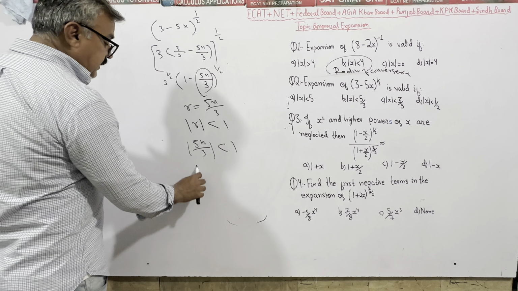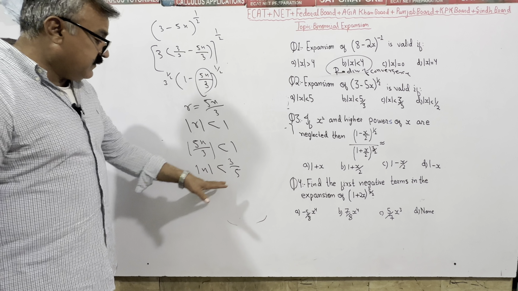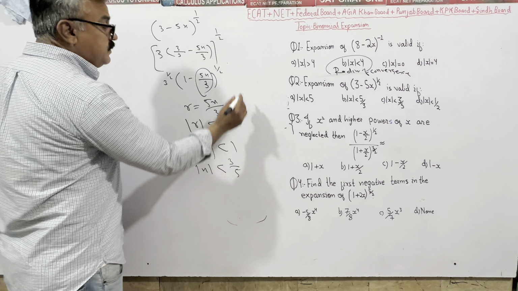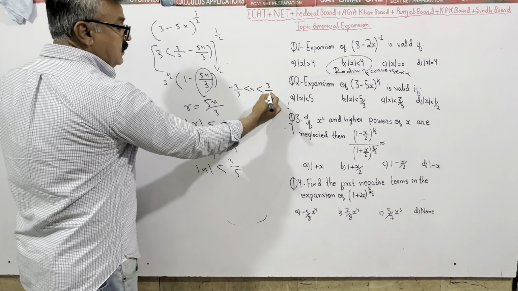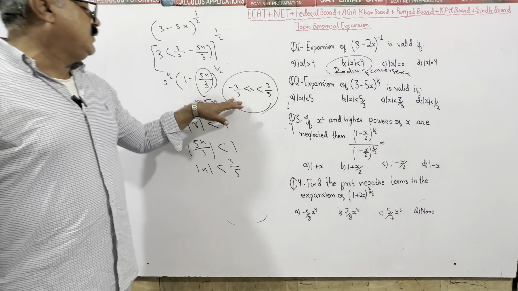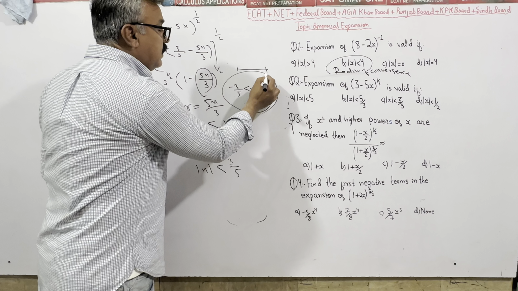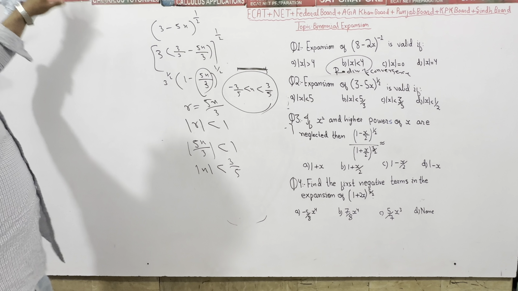Solving for x, mod x is less than 3 upon 5. That is the value of x, sometimes known as the radius of convergence. It can also be written as minus 3 over 5 less than x, x less than 3 over 5. It is our open interval excluding minus 3 over 5 as well as 3 over 5, taking all the rest in between.